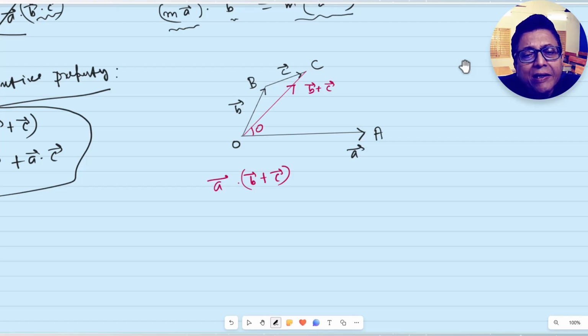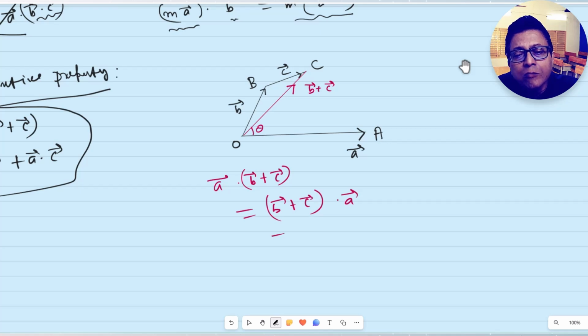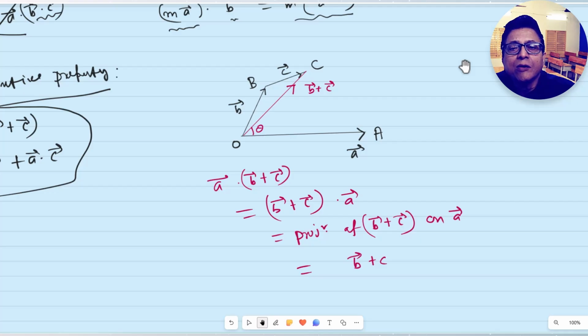If you take angle theta here, then as it is commutative property, B plus C dot A is the projection of B plus C on A, which is nothing but OC cos theta. Clear? This is going to be OC cos theta.